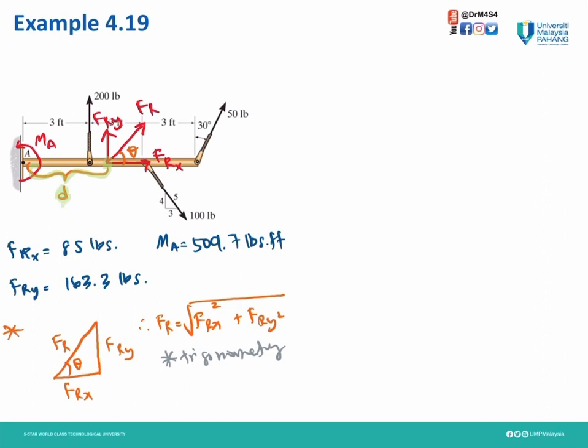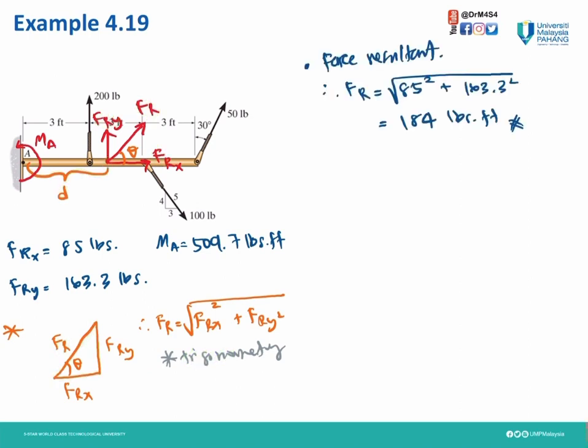And also by knowing FRY and FRX, we can calculate our FR by using trigonometry. We know our FRX and FRY. By using trigonometry, we can find our FR, which is the force resultant: square root of 85 to the power of 2 plus FRY to the power of 2.